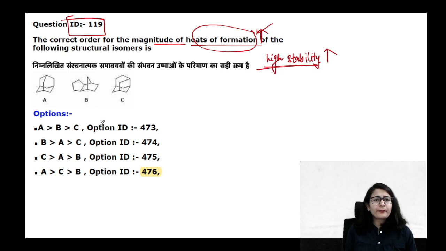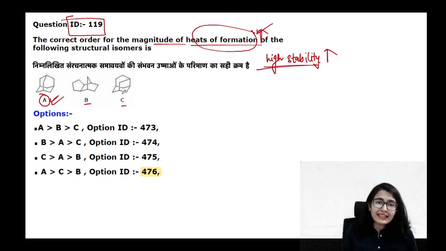So here you see adamantane, most symmetric structure, and here the strain is minimum. Then you have B and C, guys. So A is going to be absolutely more stable because it has the minimum strain.